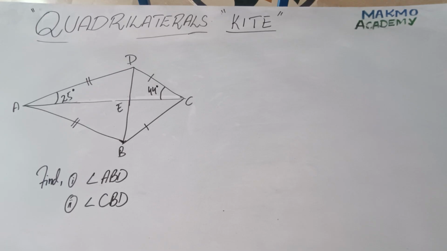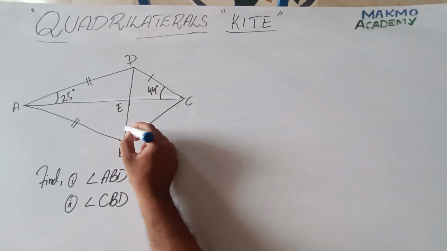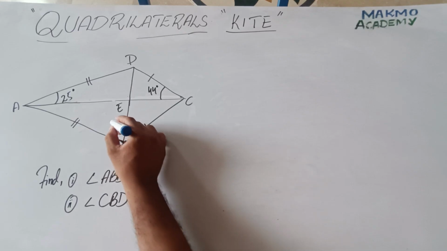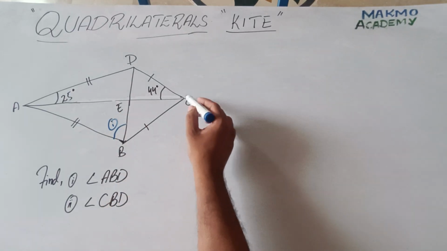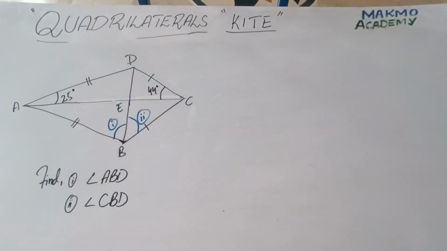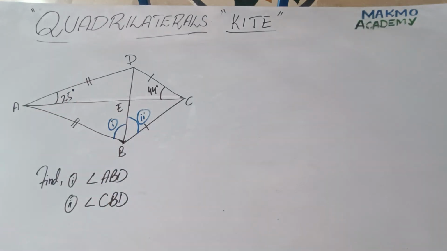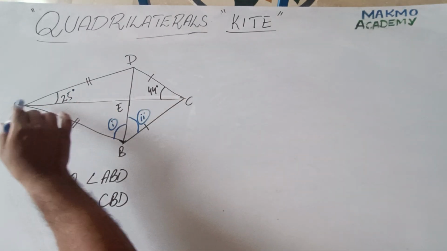Now guys, let's look at this problem, and in this problem we need to find out angle ABD. It means that this angle is unknown in the first one, and in the second one CBD, this angle is unknown in the second part. To find these two angles, we need to look at the figure very attentively. First of all, these two sides are equal, these two sides are equal, and this is the longer diagonal.